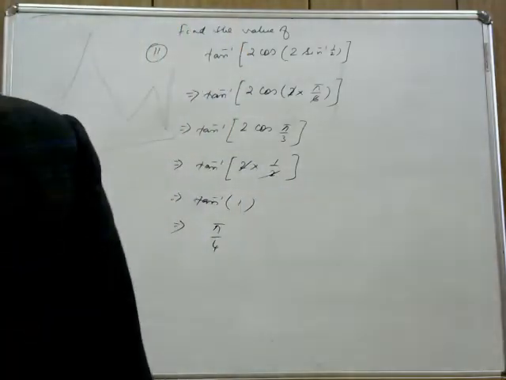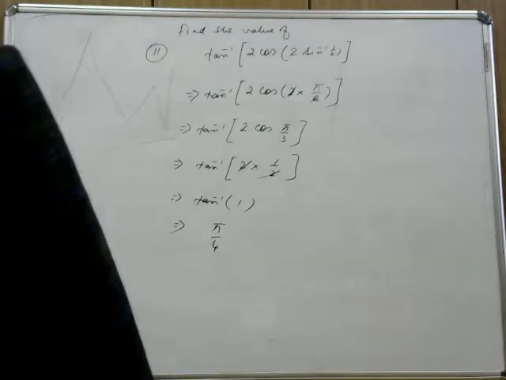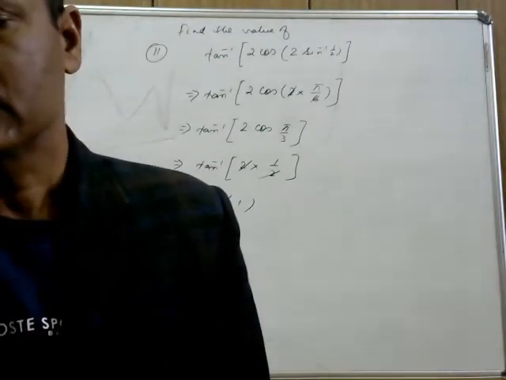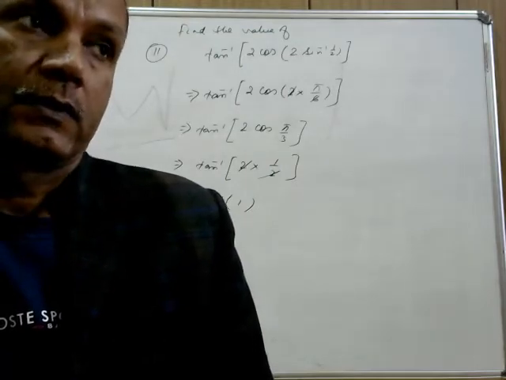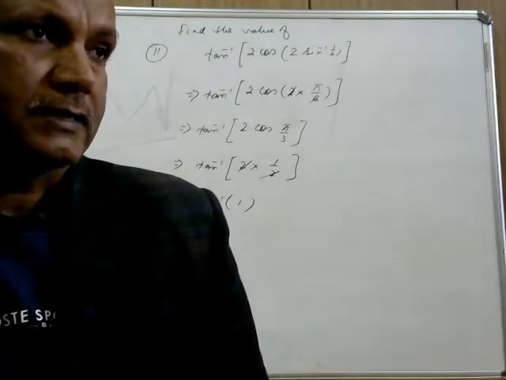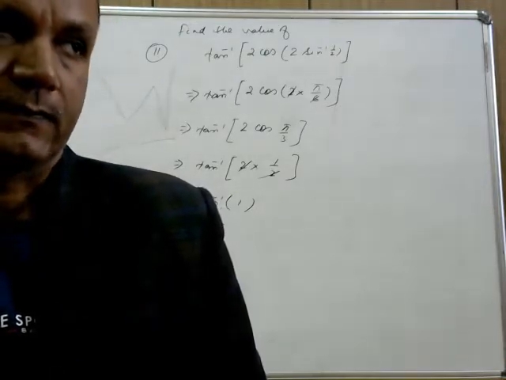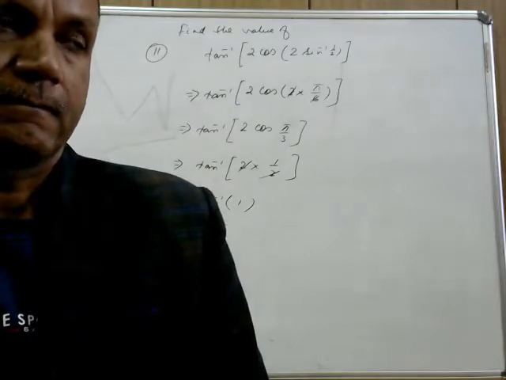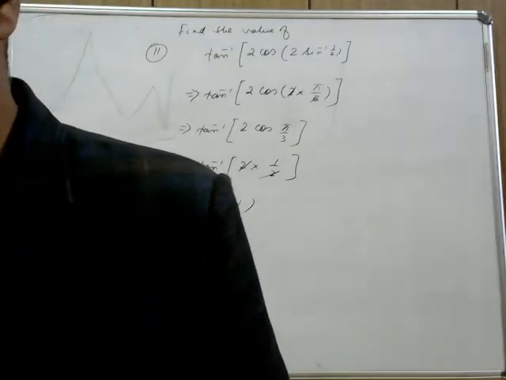Similarly, in question number 12 we have to find the value of cot of (tan inverse A plus cot inverse A). One formula we have learned: tan inverse x plus cot inverse x. What is the formula?